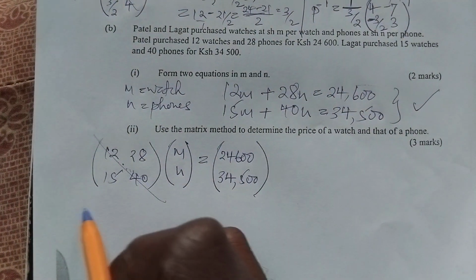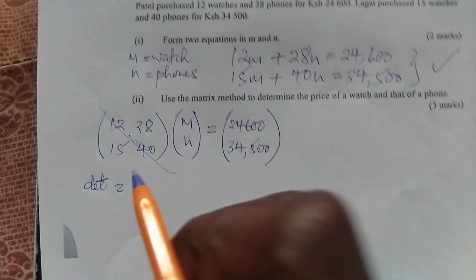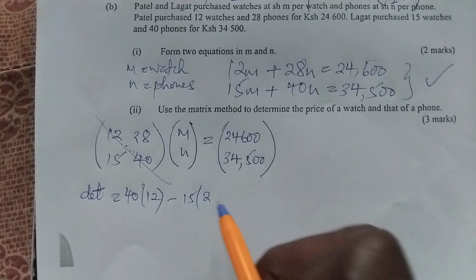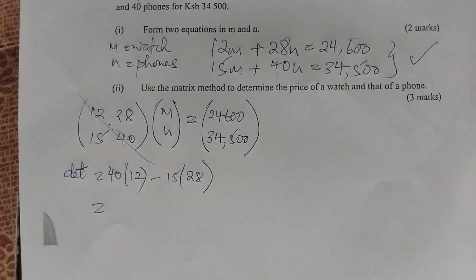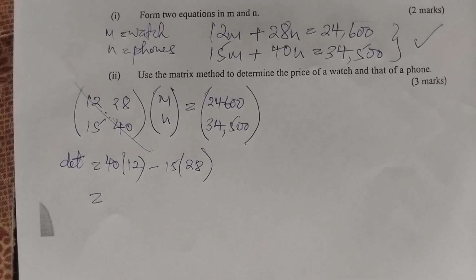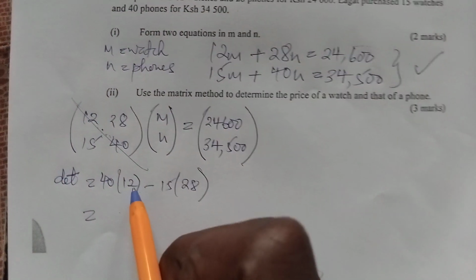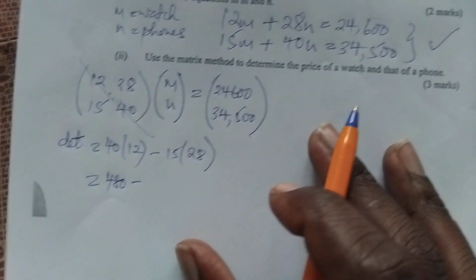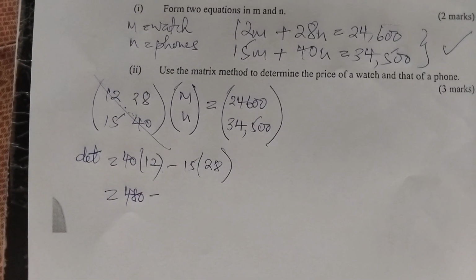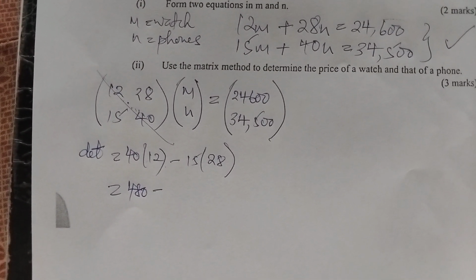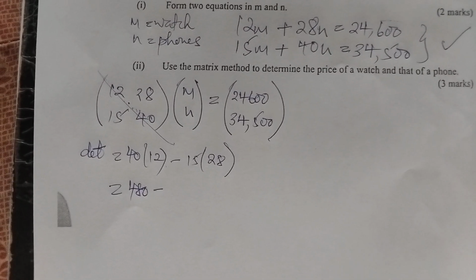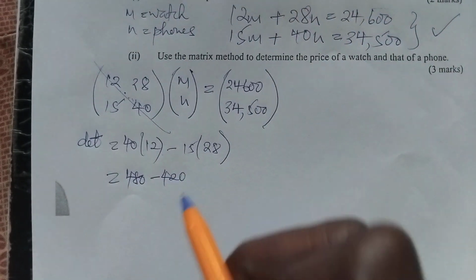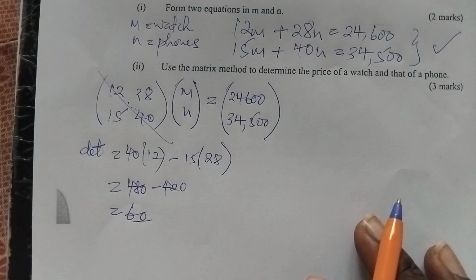So main diagonal: we have 40 times 12 minus 15 times 28. So 40 multiplied by 12 will give you 480, minus 28 multiplied by 15, that one will give you 420. So you have 60. Our determinant is 60.